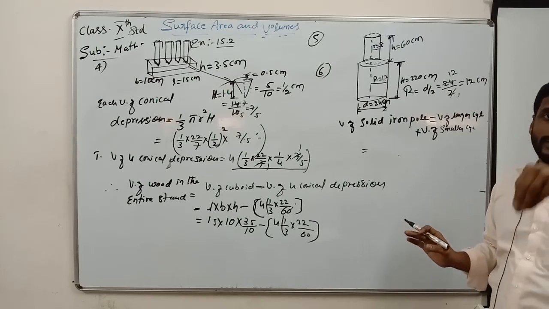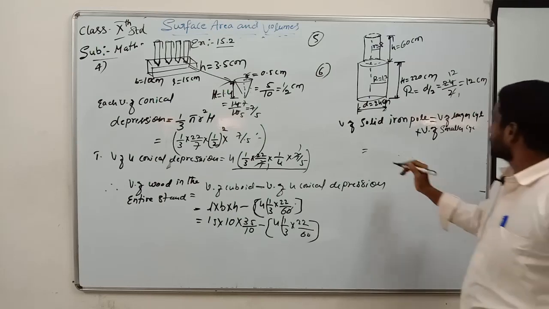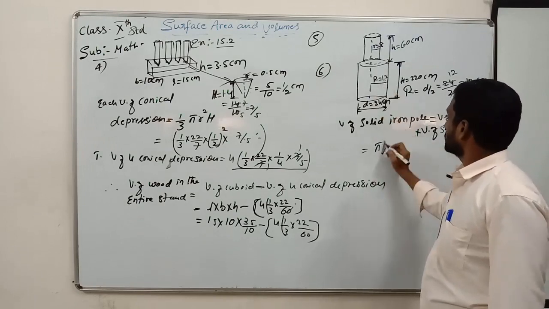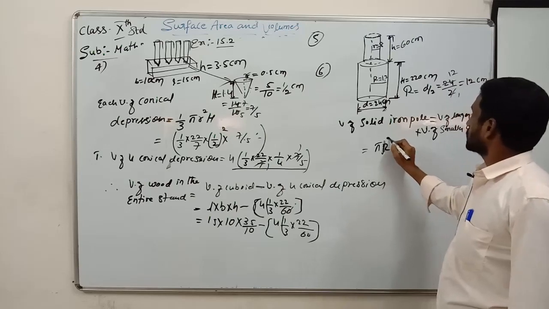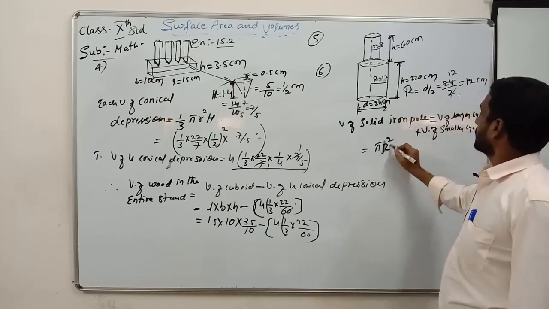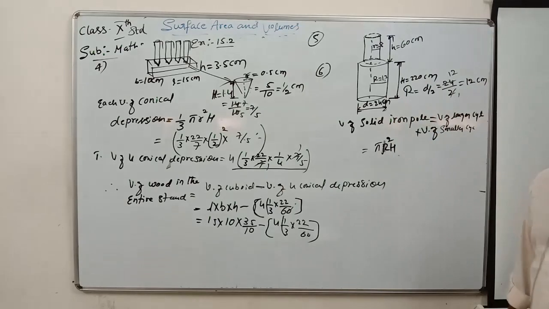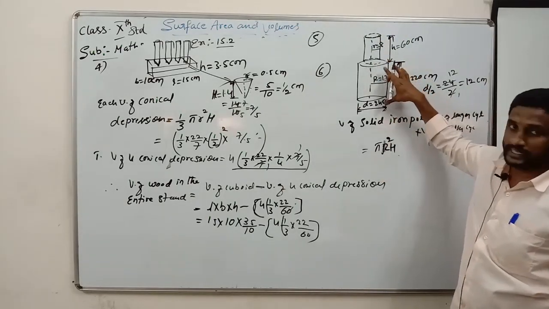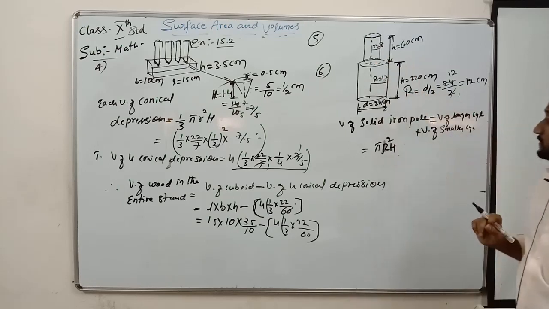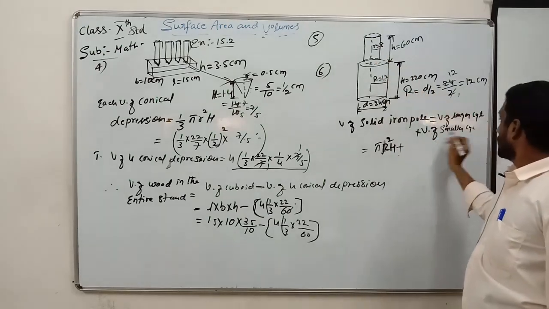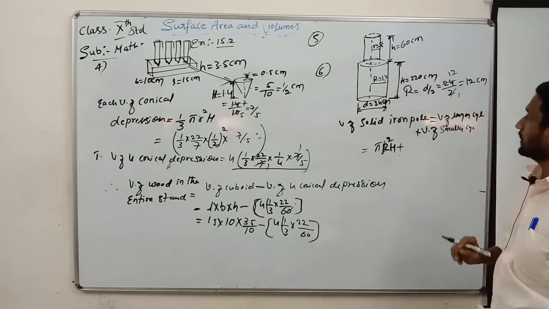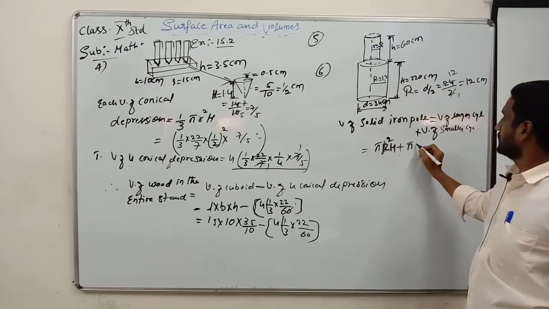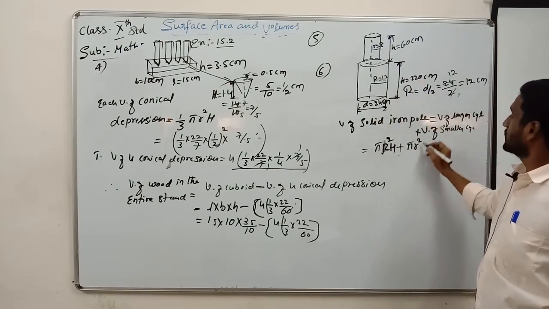Volume means how much space is inside the cylinder. For the bigger cylinder, the radius is capital R, so pi R square H. Plus the volume of the smaller cylinder, which is pi r square h, where r is the smaller radius and h is the small height.